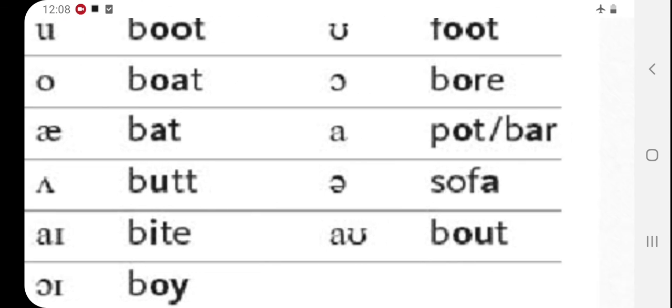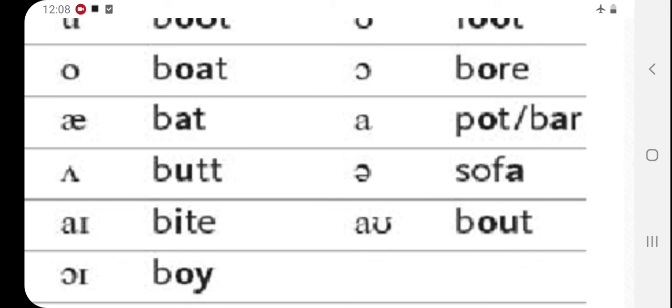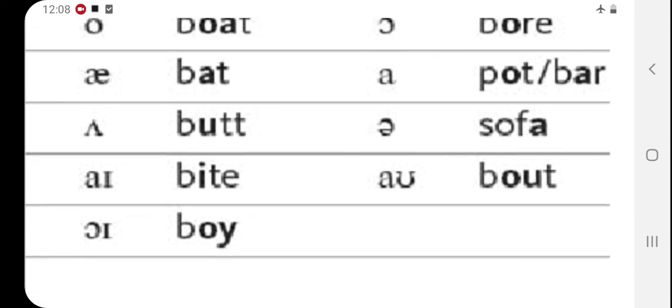And then the a sound is represented by a. Then we have but, it is called the cut sound, but, cut. Then we have the schwa sound, sofa, a sound that usually comes at the end of words, as for example in sofa.